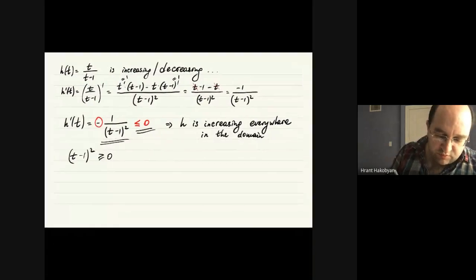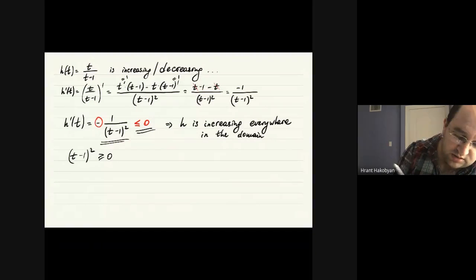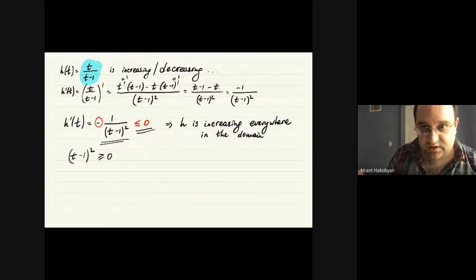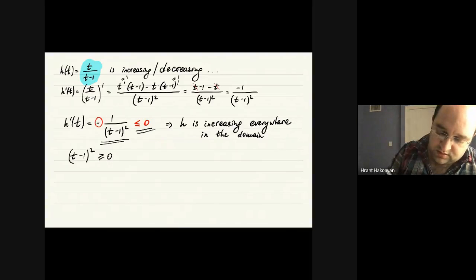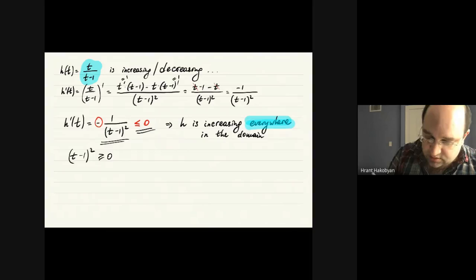So what's the domain here? The domain is the place where the function makes sense, and it makes sense everywhere except t equals 1. So what does everywhere mean in interval notation?